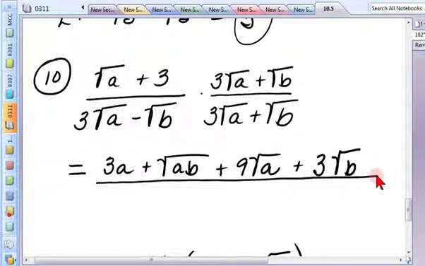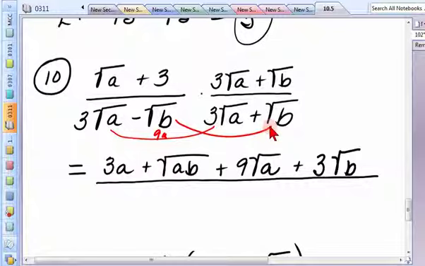Over. All right, bottom conjugates, this shouldn't be a problem. What is 3 square root of a times 3 square root of a? Well, 3 times 3 is 9. Square root of a times square root of a is a. So it's 9a. And out of the last, negative square root of b times positive square root of b.